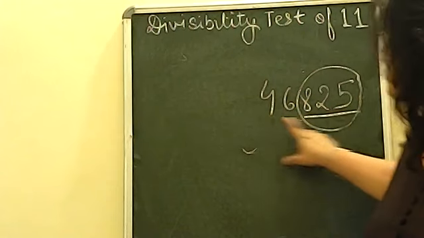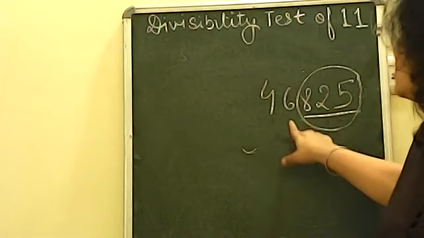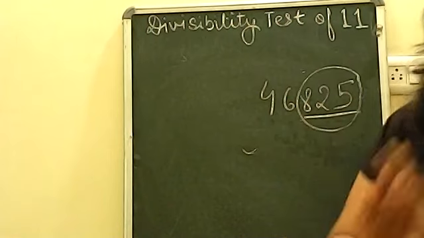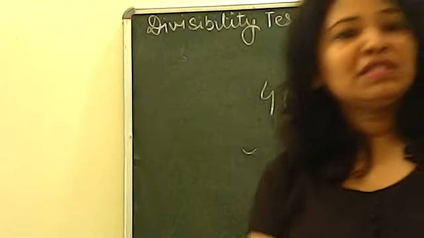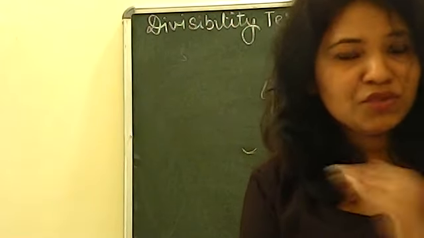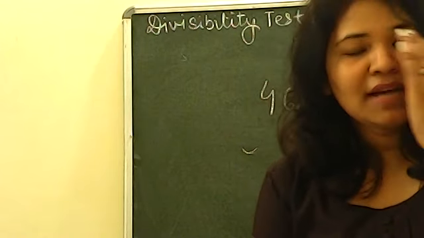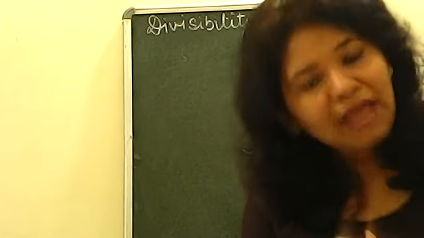Now you will take the sum of all these digits. After adding them all, you have to see whether the sum which you have got from taking the digit sum is divisible by 9 or not.